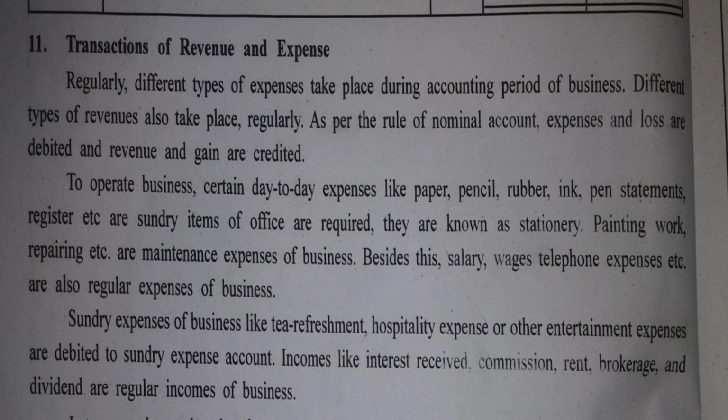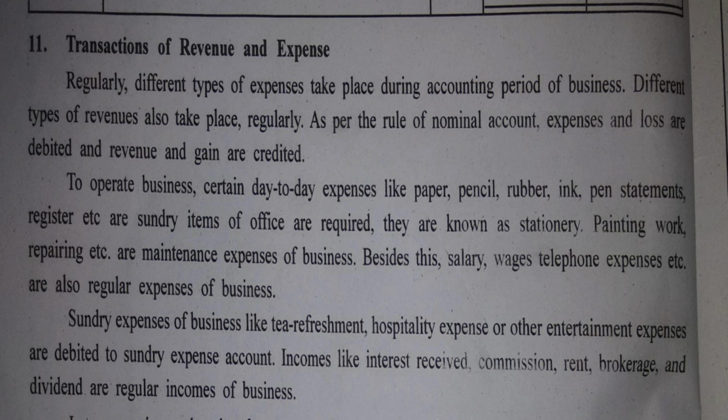Sundry expenses of business like tea, refreshment, hospitality expense or other entertainment expenses are debited to sundry expense account. So these types of expenses come under the heading of sundry expense. Incomes like interest received, commission, rent, brokerage and dividend are regular incomes of business.